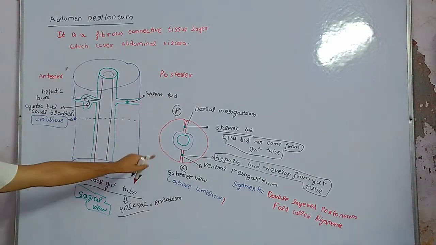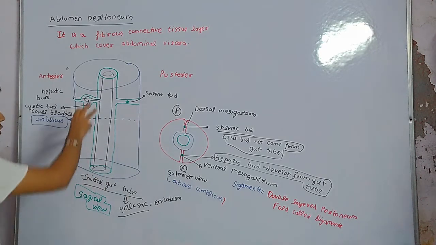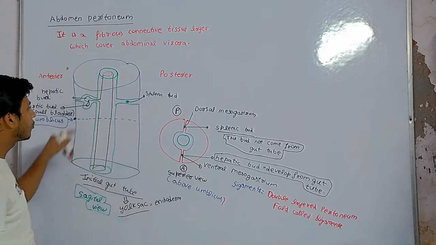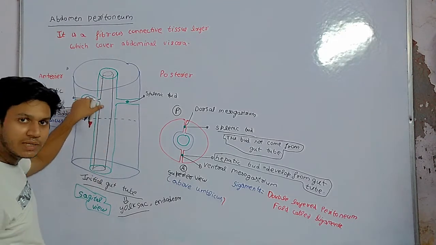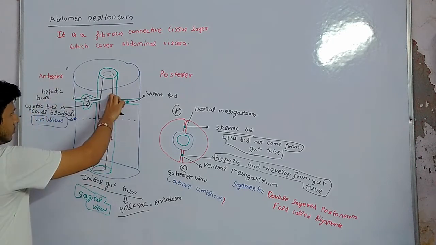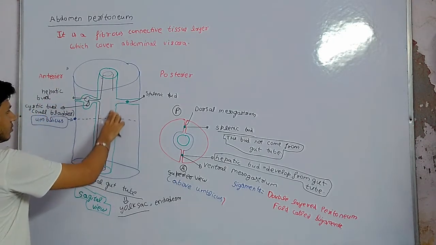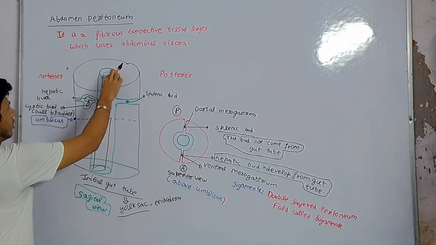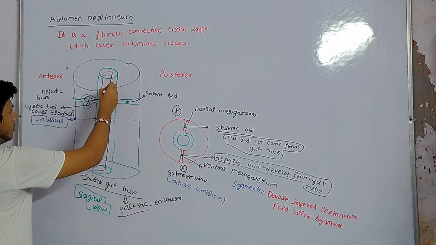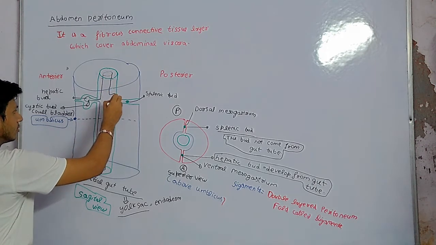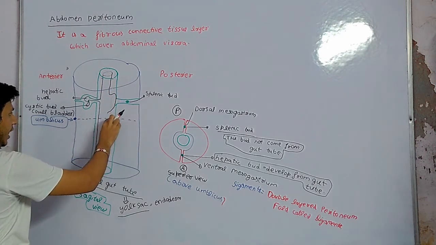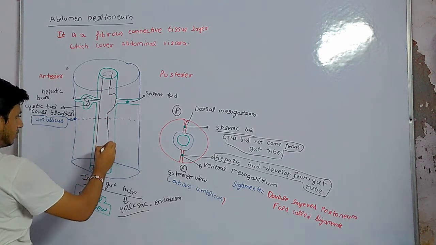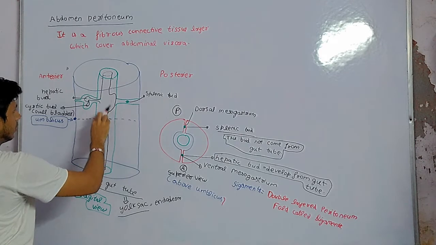This is the level above the umbilicus. So how does the stomach develop? The stomach develops from this gut tube. It dilates and forms the stomach. Let's say it dilates like this, and it dilates posteriorly more than anteriorly.